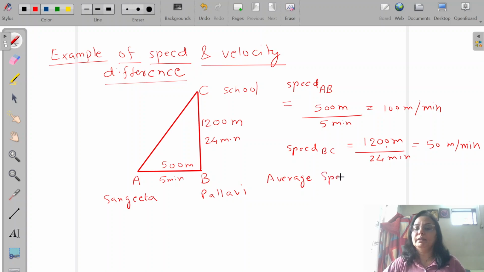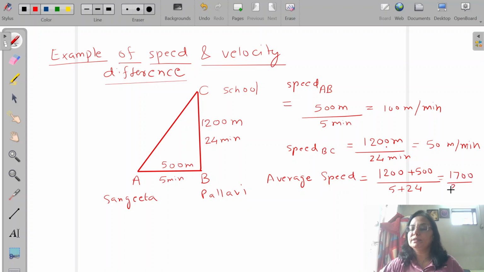Her average speed will be total distance travelled, which is 1200 plus 500, and total time taken, which is 5 plus 24 minutes. This is 1700 upon 29. This comes out to be approximately 58 meter per minute.